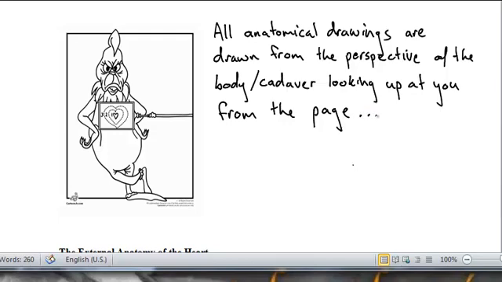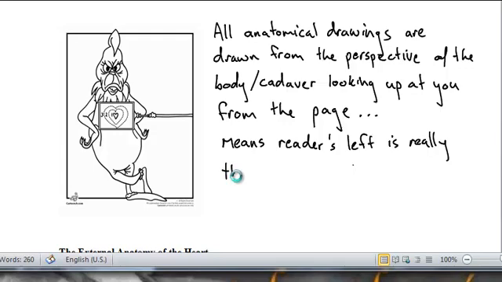This is really important because it means the reader's left is really the diagram's right.